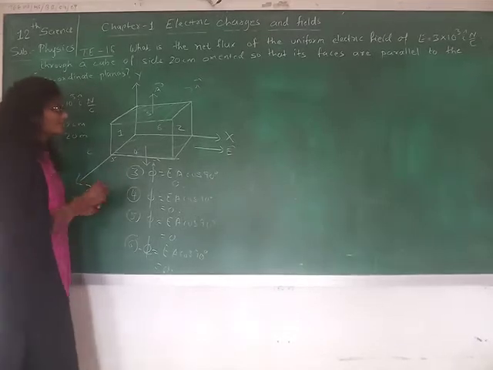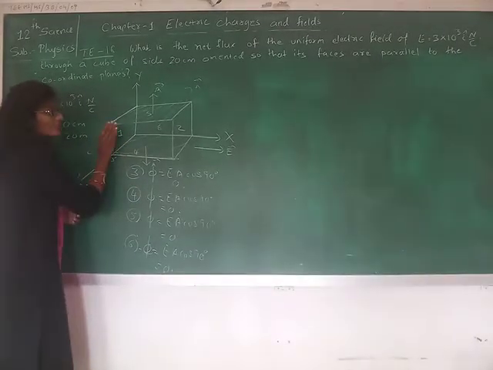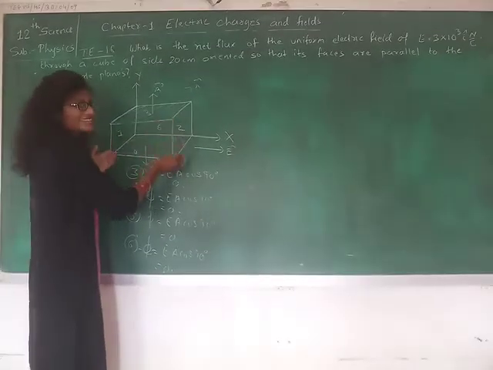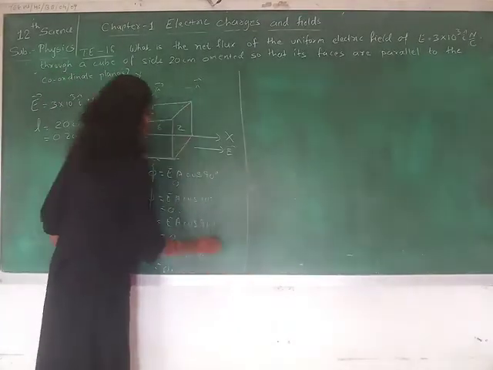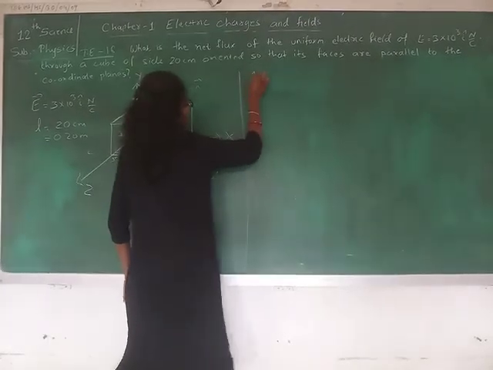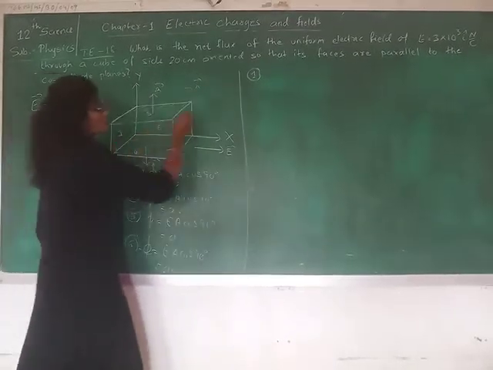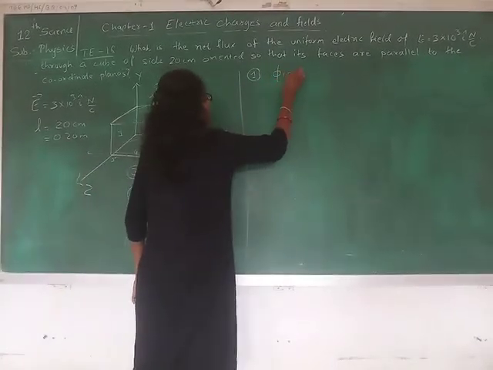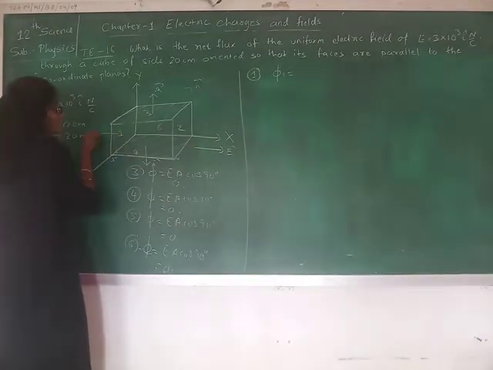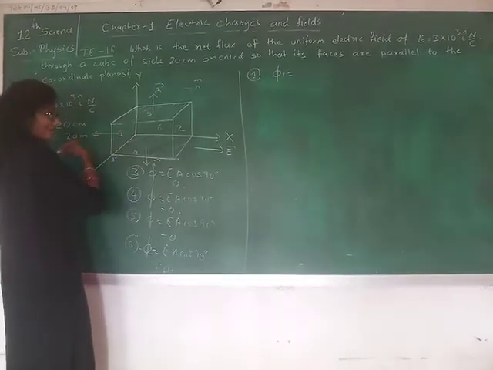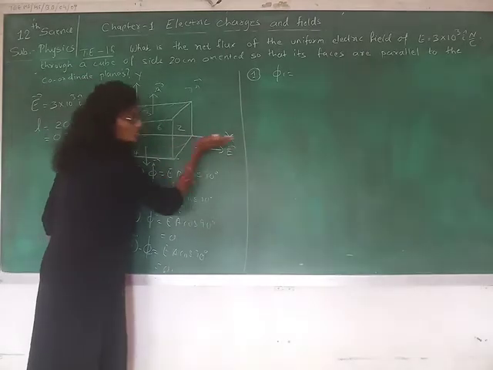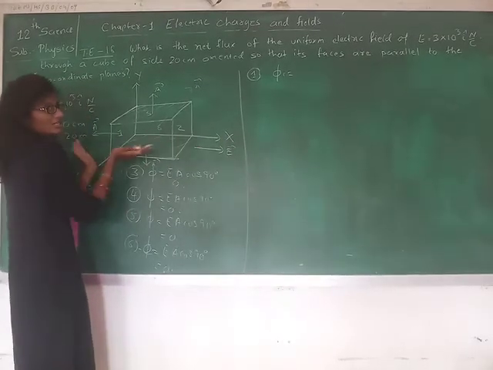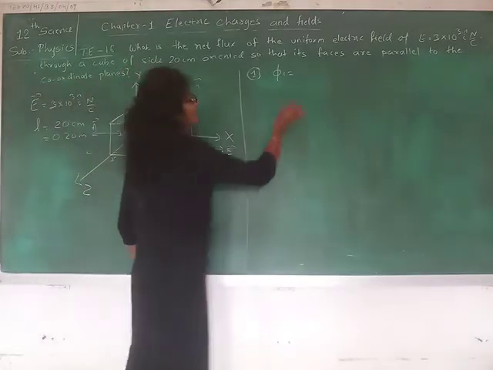Now let us consider face 1 and face 2, that is the sideways faces. So for face 1, flux will be what? The area vector is in this direction, that is negative x-axis. Electric field is towards the positive x-axis. So both are anti-parallel to each other, making an angle of 180 degree.